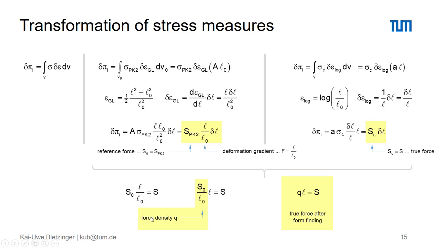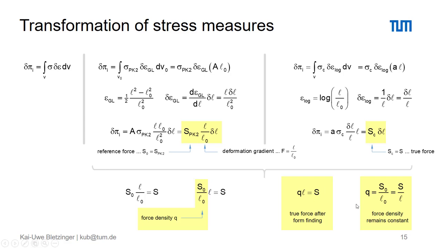We can substitute here for Q, and then we just receive this relation Q times L equal to S, which indeed is the true force after form finding when we substitute here the deformed length L, multiplied with the given force density.